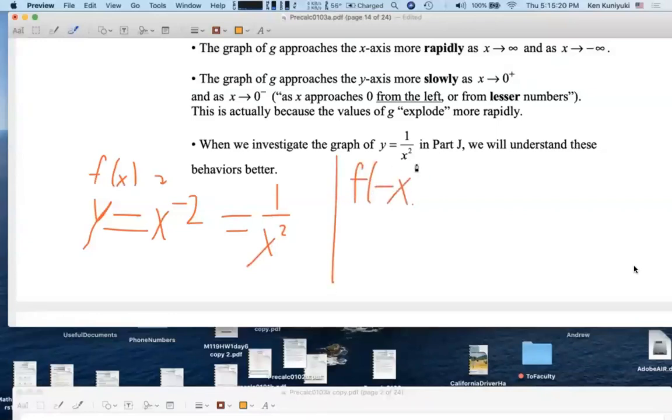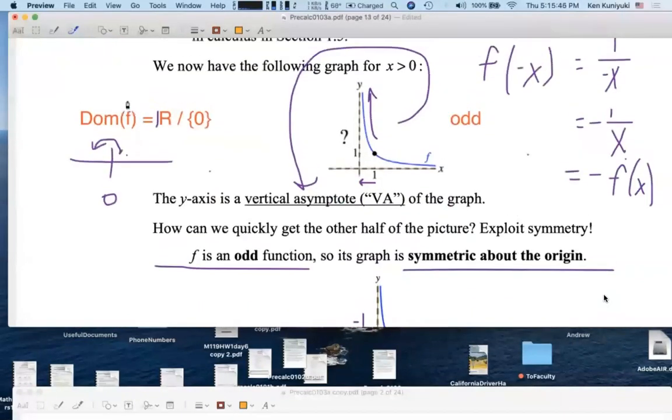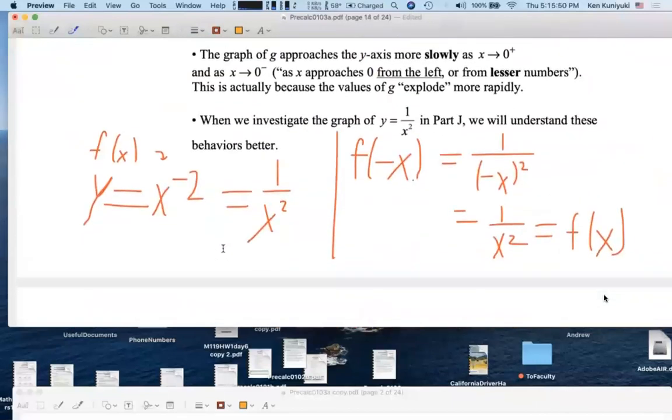What happens if you replace x with its opposite? Well, the square doesn't care about the negative 1 factor in here. We just end up with 1 over x squared, or f of x itself. That's true all throughout the domain, which is going to be this over here, all reals except for 0. Same domain here. Symmetric about 0.